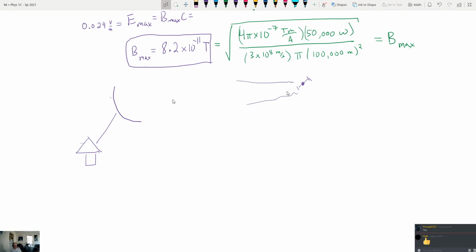The way that works is this might send waves off in a few different directions, but your dish picks those up with a little bar right here and a detector right here, placed at the focal point of the satellite dish.